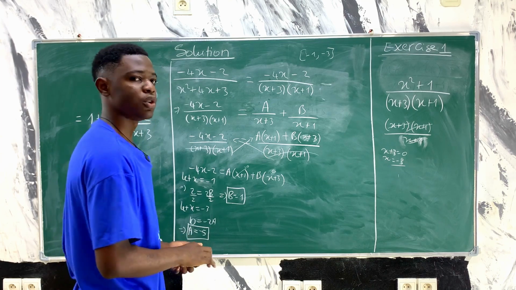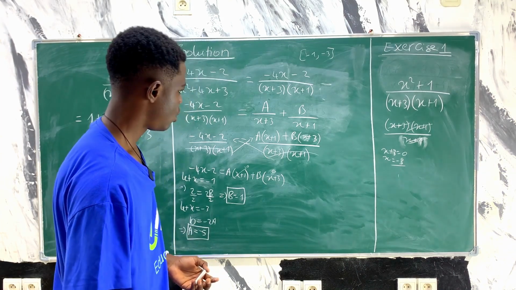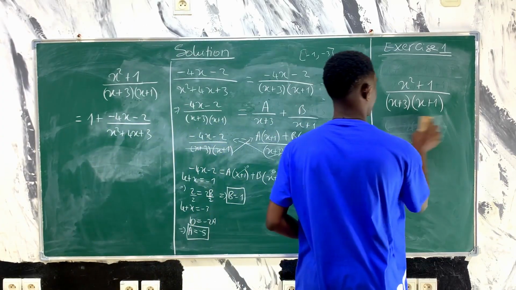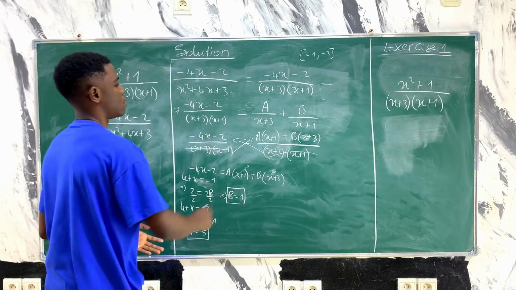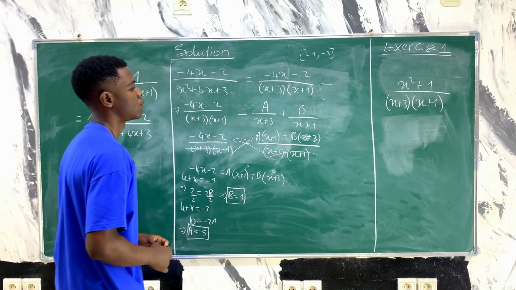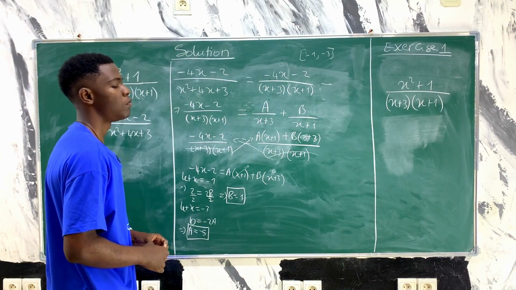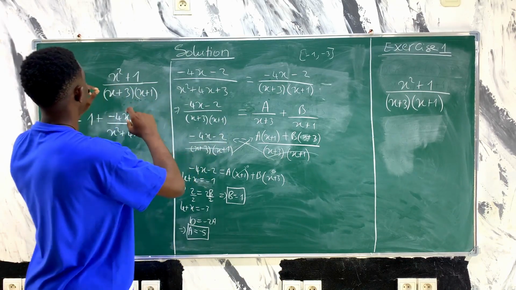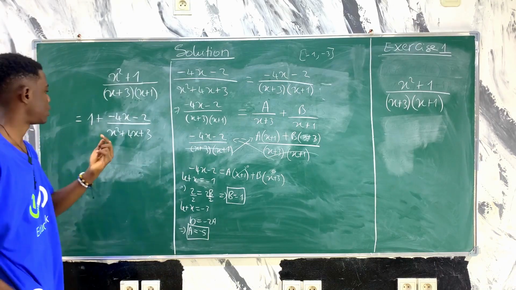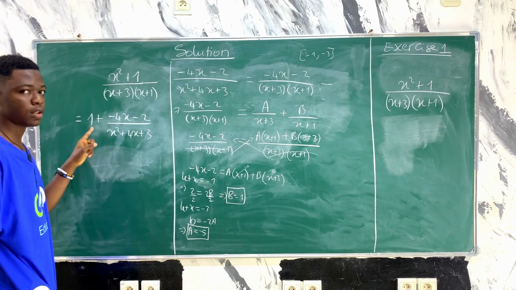So when I have my values of A and B like that, what do I do? I just simply rewrite it. So what I do is I recopy this. I recopy this. But don't forget the 1 that was there. There was a 1 there.